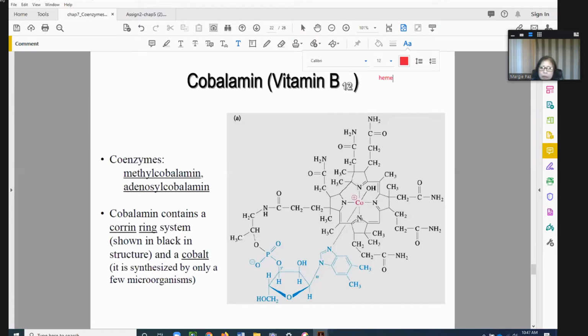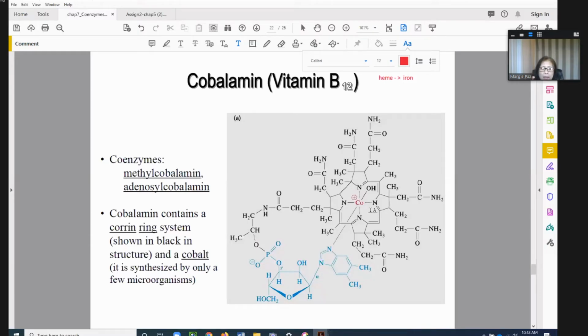The ring structure in heme contains iron, while this ring of vitamin B12 contains the metal ion cobalt, not iron. So this is the precursor, vitamin B12.